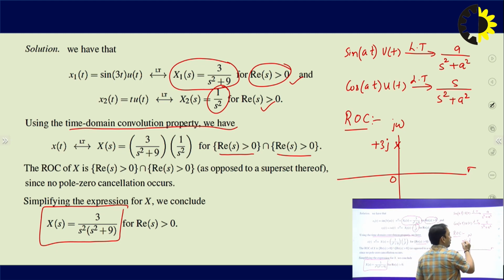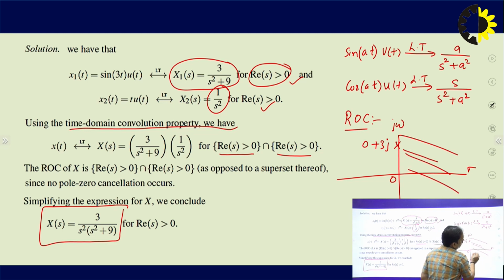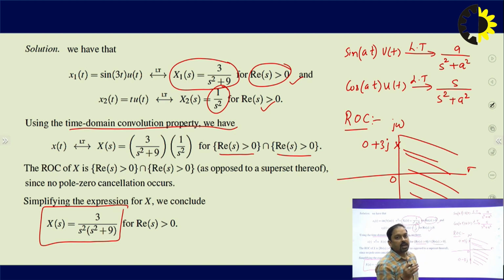That's why, as the real part of both plus 3j and minus 3j is 0, the ROC is to the right of the rightmost pole, like this. So this is the ROC of sin(3t)u(t) convolved with t multiplied by u(t).